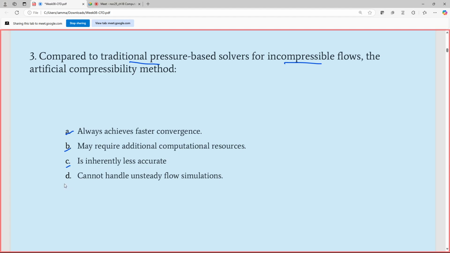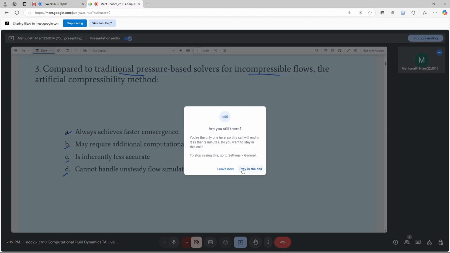Option D, cannot handle unsteady flow simulations. So the question is, comparing traditional pressure-based solvers for incompressible flows with the use of artificial compressibility for solving incompressible flows, which among the following is true regarding the comparison?